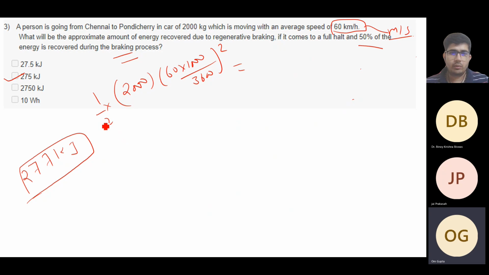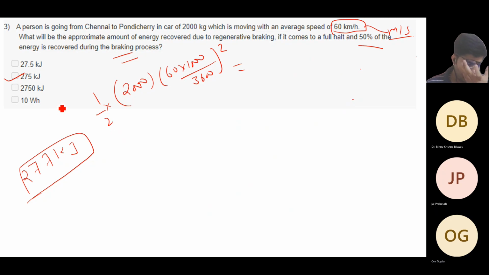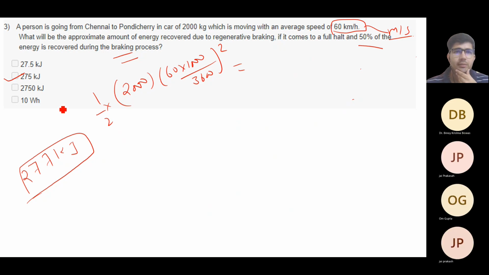It should be the same option; the answer should be the correct option. That's my doubt. I was thinking that also. Based on the calculation, I think we can use this formula, but we can forward this question to the NPTEL team, so maybe they can look into the options.